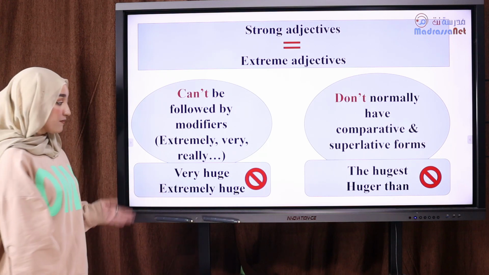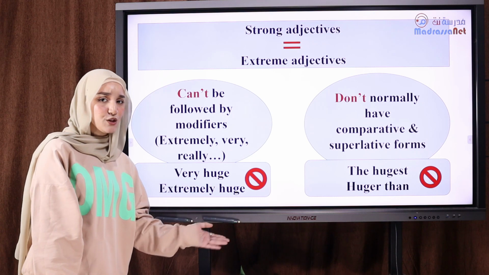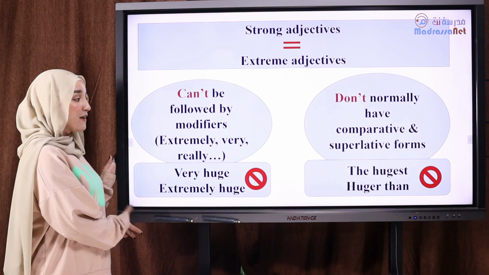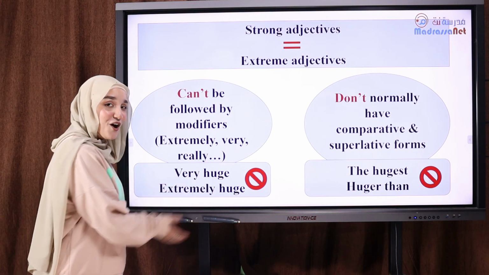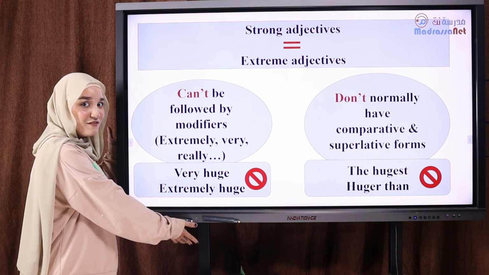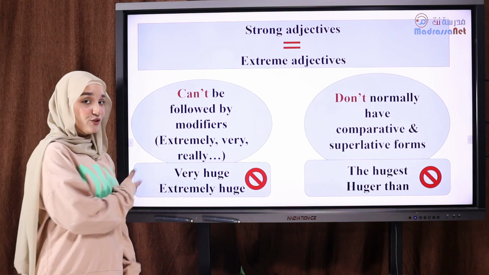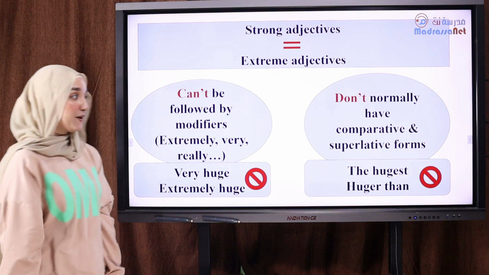Here's an example: very huge or extremely huge. Remember the TV example? We just can't say this TV is very huge because huge already describes the size of the TV, okay? So we can't say very huge. We cannot say extremely huge, okay?